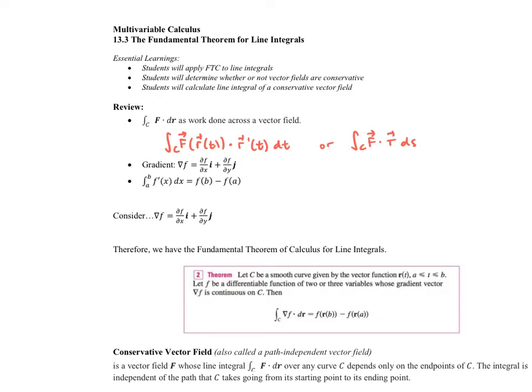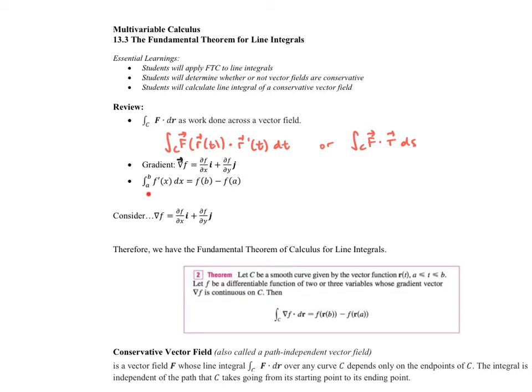And then a quick review of the gradient. So the gradient vector, and this is bold, but it's really hard to see, so there's a little vector symbol above the triangle there. We're looking at the gradient as just the partial derivative of a function with respect to x, vector i, plus the partial derivative of f with respect to y, and then unit vector j.